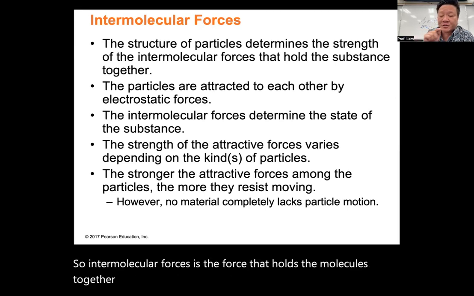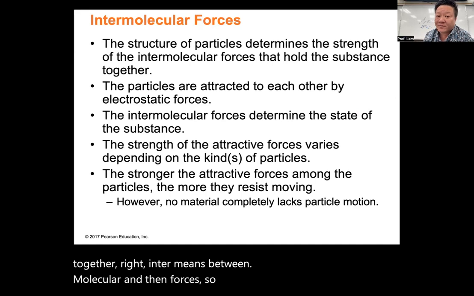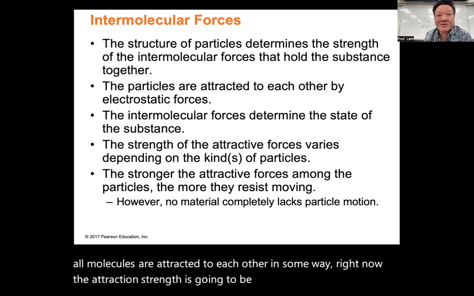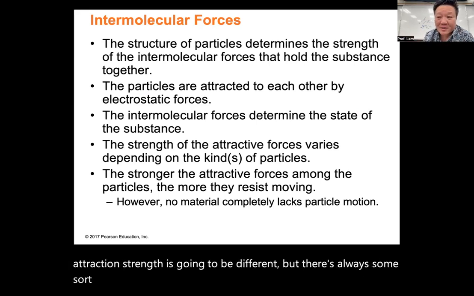Inter means between, so between molecule forces. All molecules are attracted to each other in some way. Now the attraction strength is going to be different, but there's always some sort of attraction.